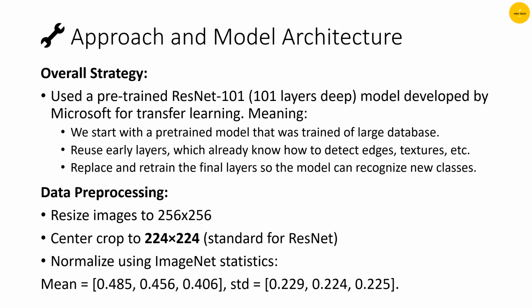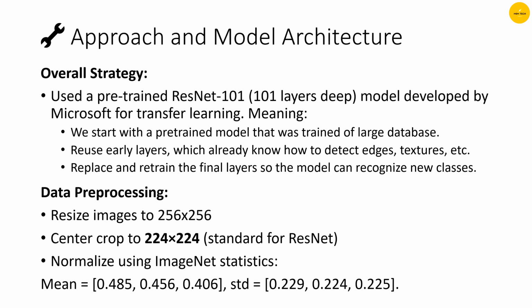The concept is simple yet powerful. We reuse the early layers of the ResNet 101 model. These layers have already learned fundamental visual features such as how to detect edges, corners, textures, and basic shapes. They are excellent general purpose feature extractors.